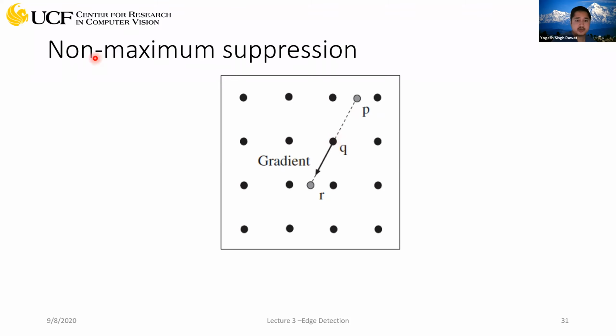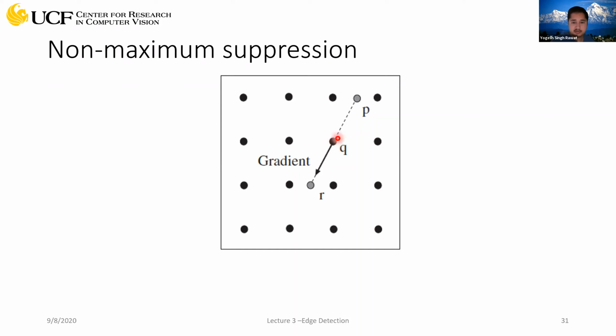What we want in non-maximum suppression is to make sure that if Q is an edge, then in the surrounding we don't have any other edge. This will ensure that this is the only and the correct edge. We will do that based on the magnitude of this detected edge, and apart from magnitude, we will also make use of the direction of the gradient.